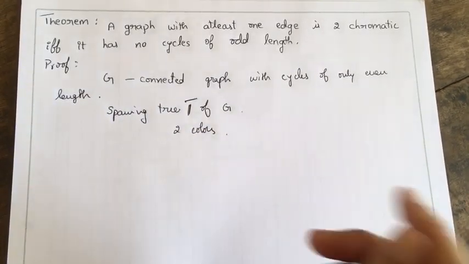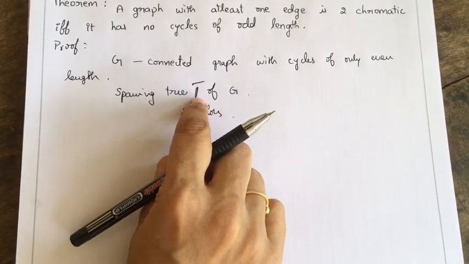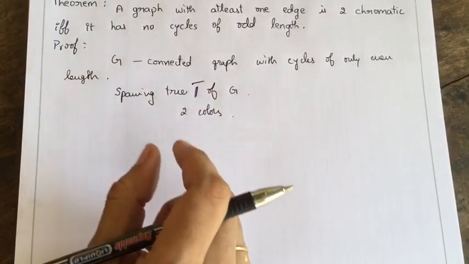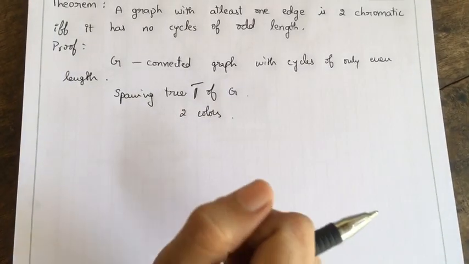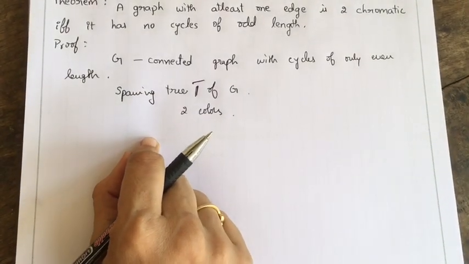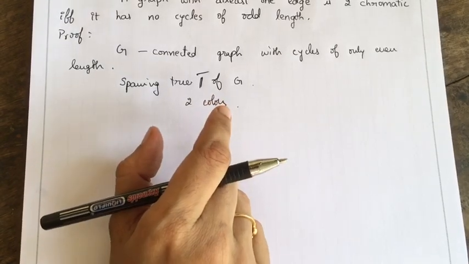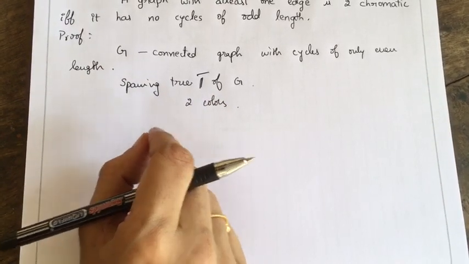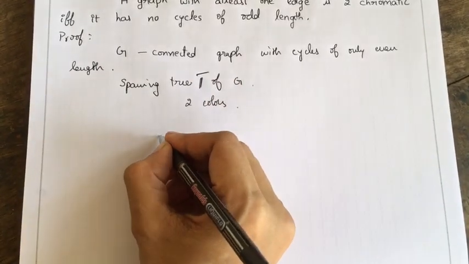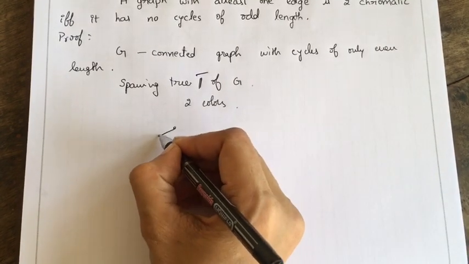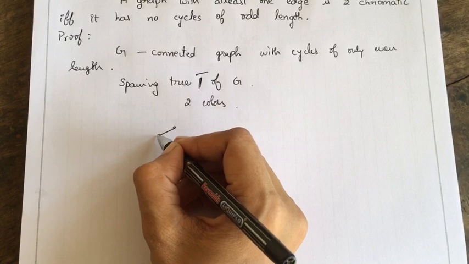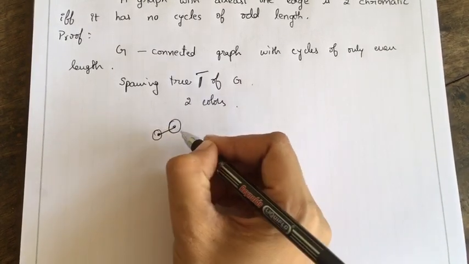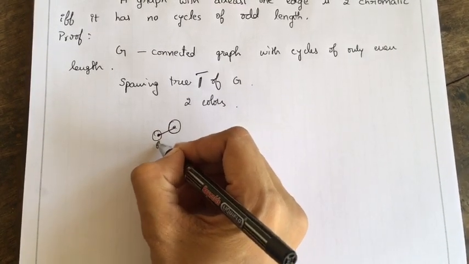Now for this spanning tree, I'm going to add chords one by one. Since G has no circuits of odd lengths, the end vertices of each chord, when I add these, will get different colors.